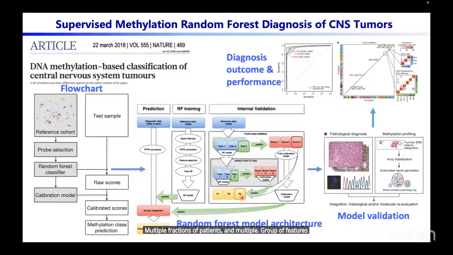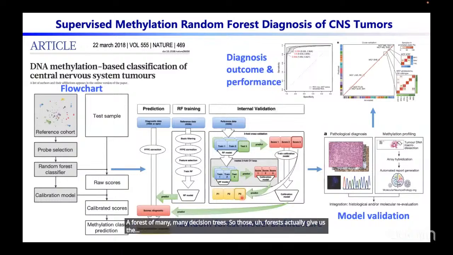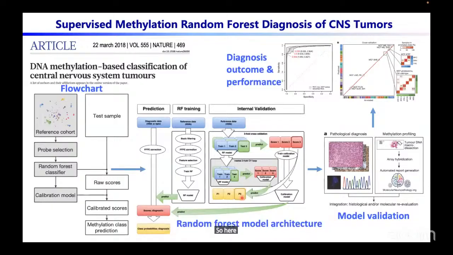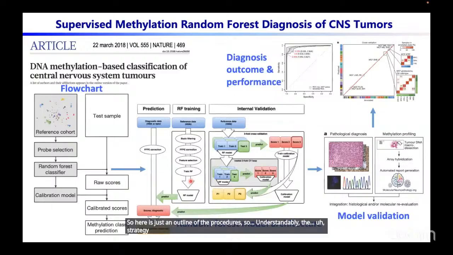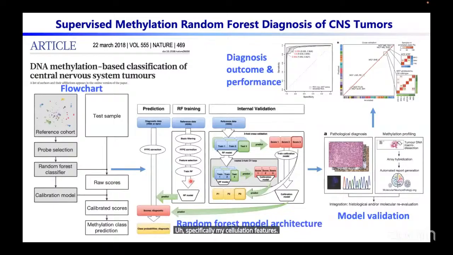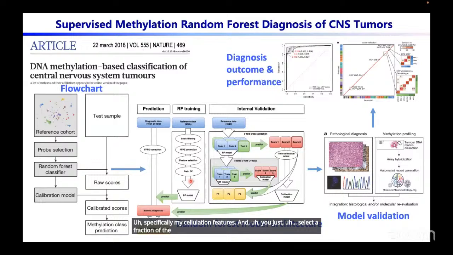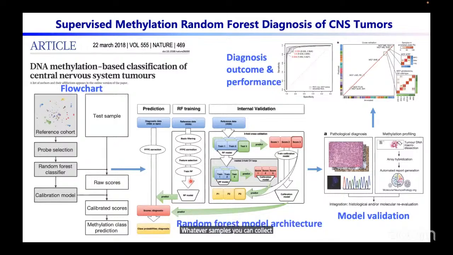We can develop a forest of many decision trees, and those forests give us the predictive power for diagnosis purposes. Here is just an outline of the procedures. Understandably, the methodology is quite straightforward: you draw some features, specifically methylation features, select a fraction of the patients or whatever samples you can collect, and then develop the models.